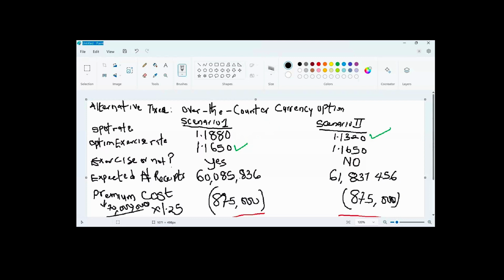That means for me to hedge using currency option, I need to obtain the right to sell. Now, what is the right to sell? That is put option. The right to buy is call option.